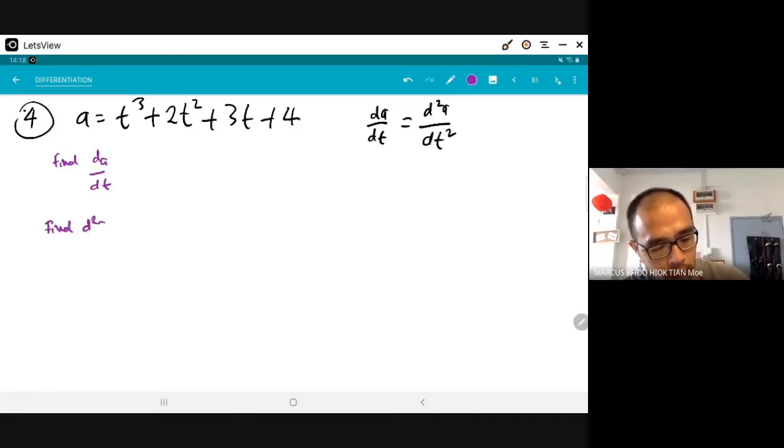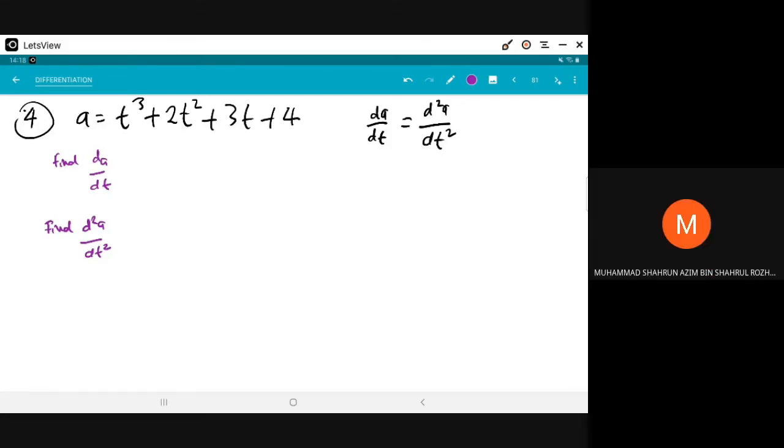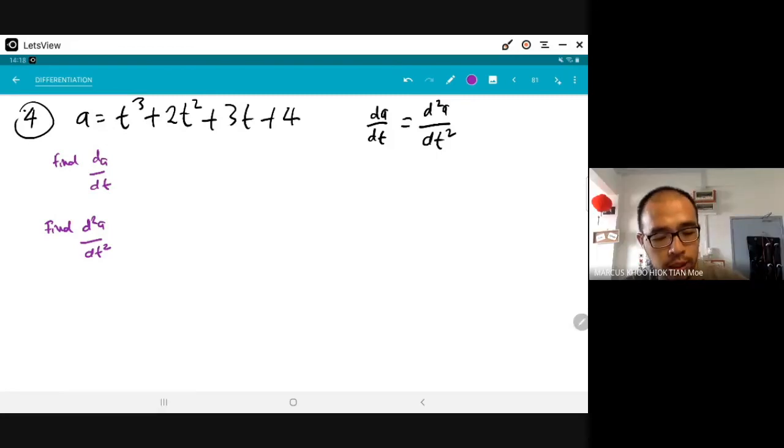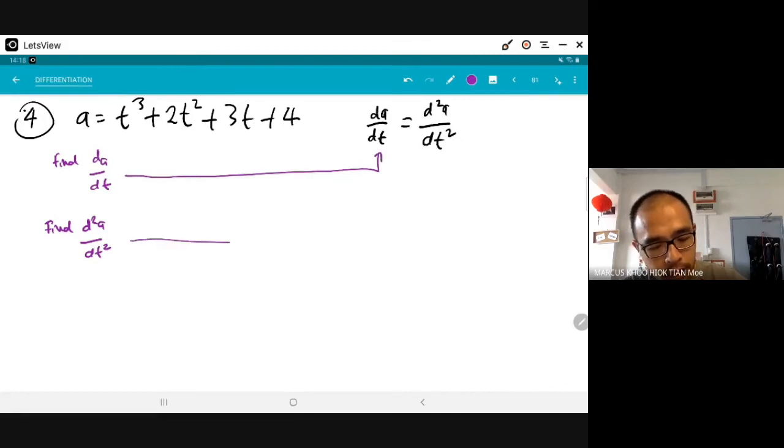Find d2a dt squared. And then? Then dapat answer. d2a over dt square. Okay, so ini kau kasih masuk sini, ini kau kasih masuk sini, kasih sama dengan, and then find t.